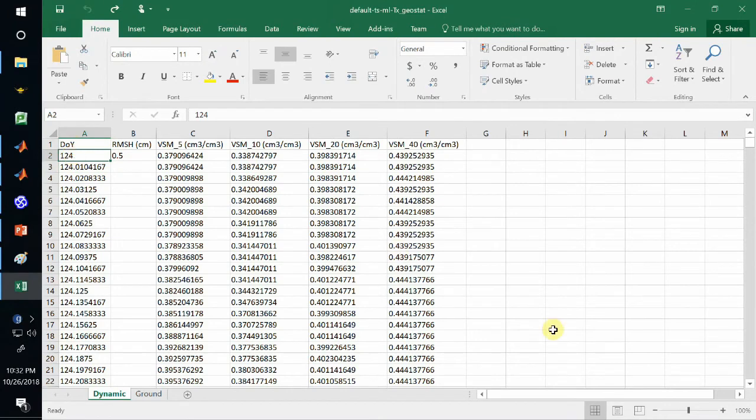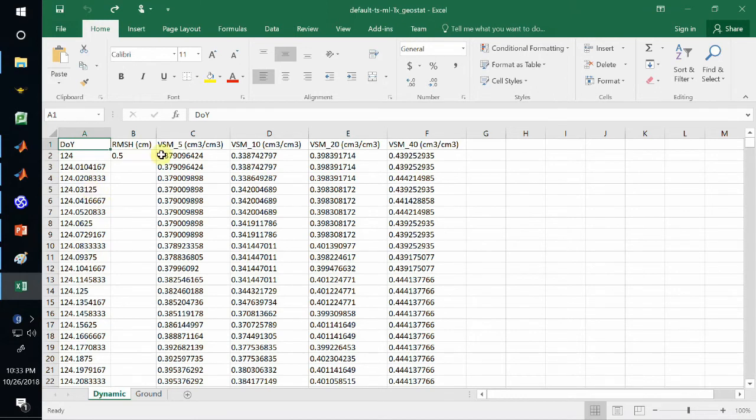But generally, for our data, we've always used the day of year notation to try to keep things in line. So that's what this first column does. That's what's different between a time series and a snapshot mode analysis. The very first column in a time series analysis is going to be your day of year column.